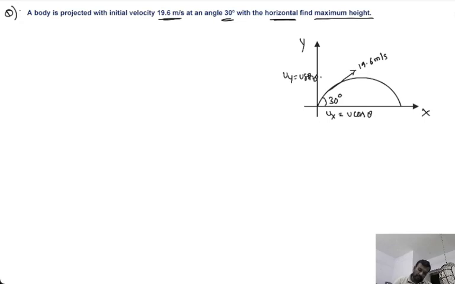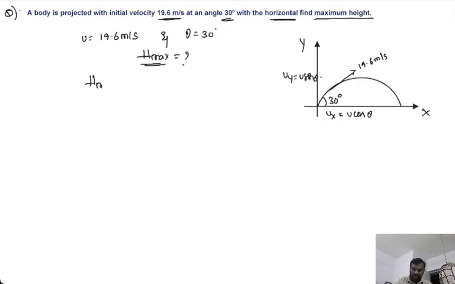In the given data, u is equal to 19.6 meters per second and theta is 30 degrees. We are asked for the maximum height.